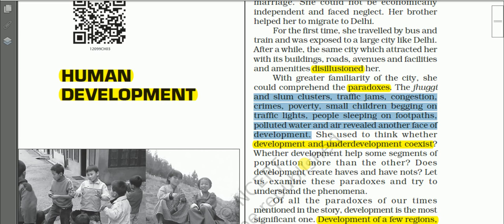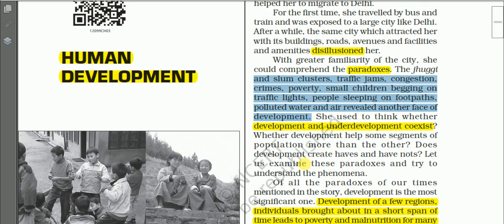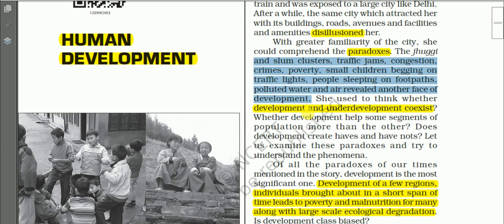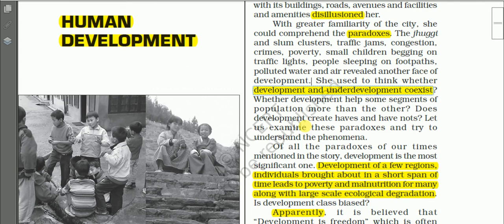That means that once she thought that cities are attracting so many people because they provided so many facilities, but later on she found that it is not totally true. And she used to think whether development and underdevelopment coexist.